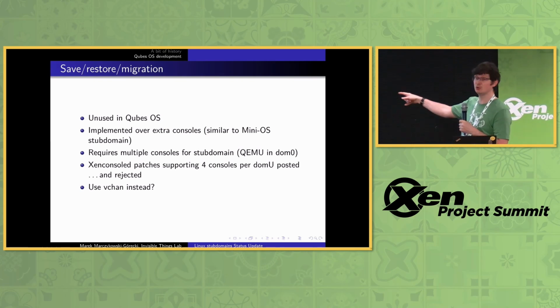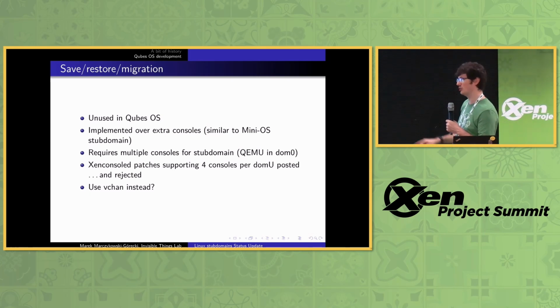For example, we needed to patch Xen console D to support more consoles because we use console for data transfer, and if you connect more than one console to a guest, in this case Stubdomain, upstream QEMU forces you to use QEMU in dom0, which we don't like. So we had a patch for Xen console D, and it wasn't really liked by maintainers.